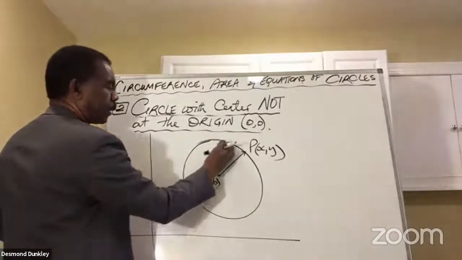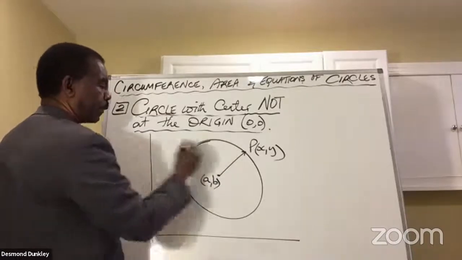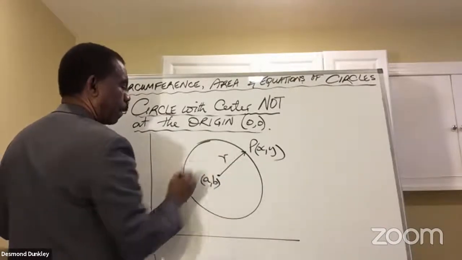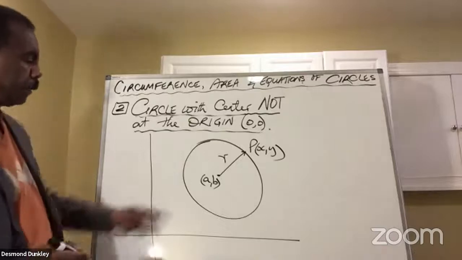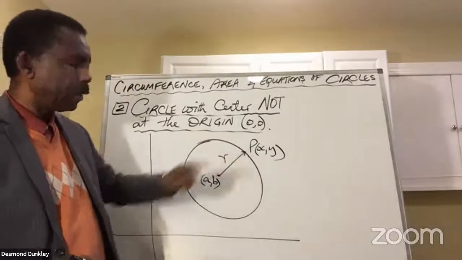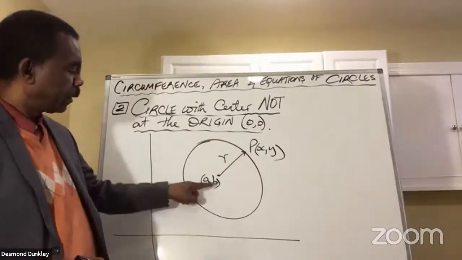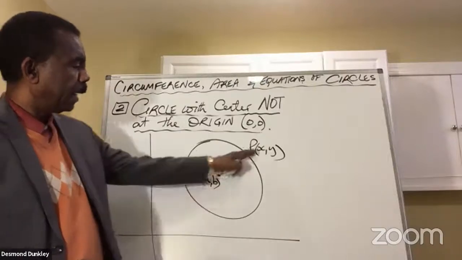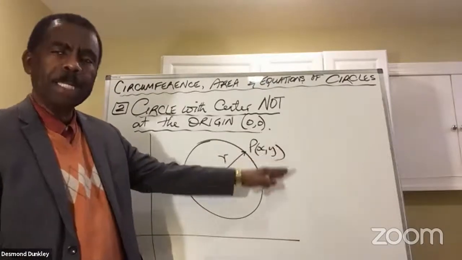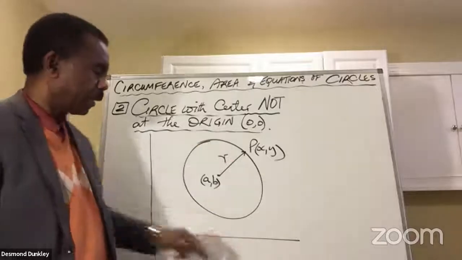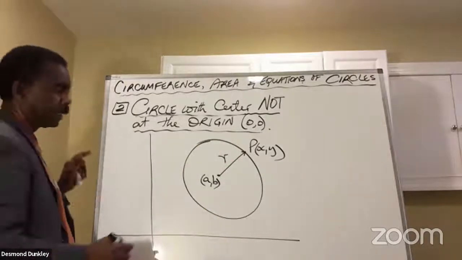From the center to the circumference is your radius. From the center to any point on your circle is your radius. So this is your center AB, and this is any point XY on your circle. So this is how we do it.